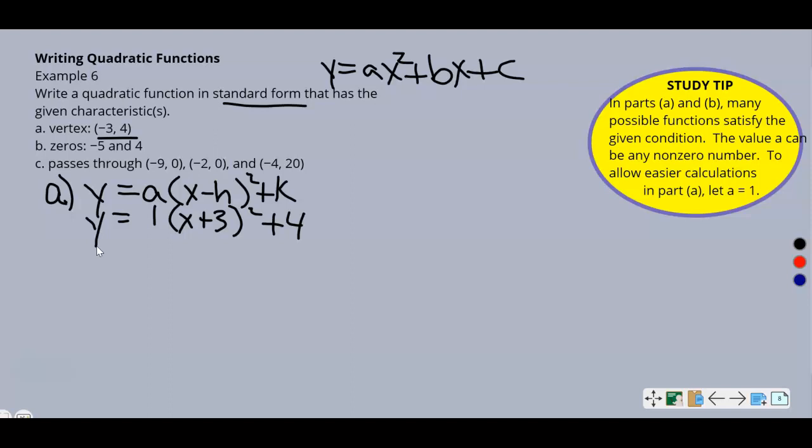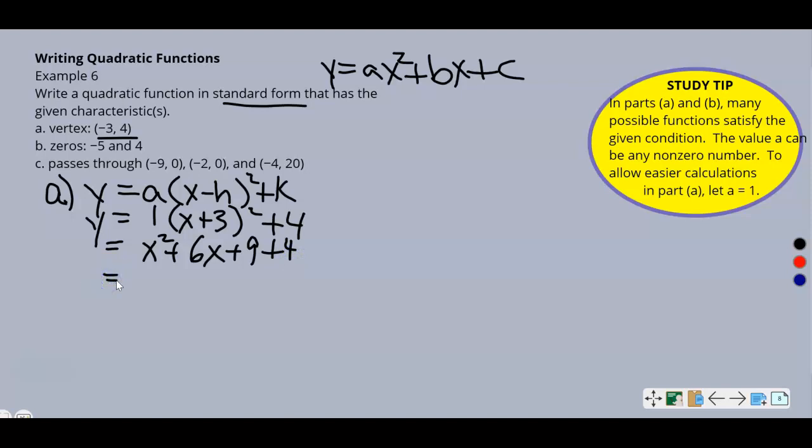We need to write it in standard form, so I'm going to have to multiply the binomial. A binomial squared, remember we learned how to multiply that easily. It's going to be x², then twice ab, where a is x and b is 3, so twice 3x would be 6x in the middle, and then 3 squared is 9. Again, if you don't remember how to do that, make sure you review that.